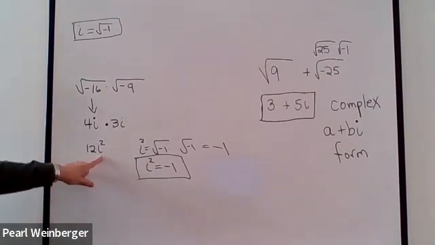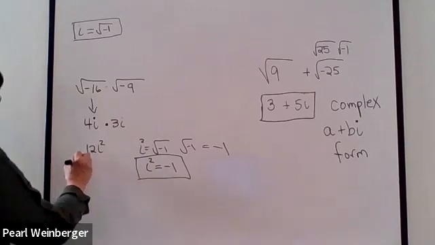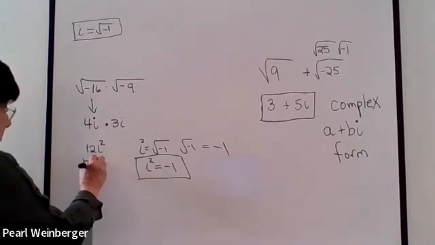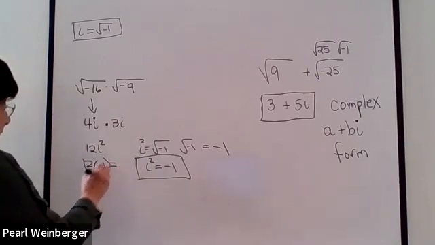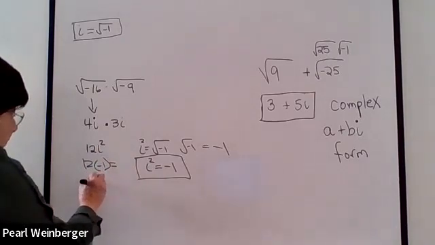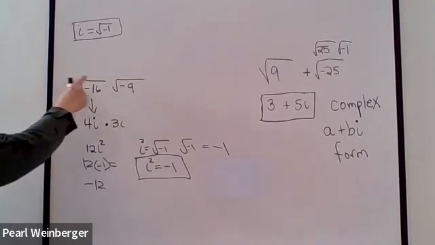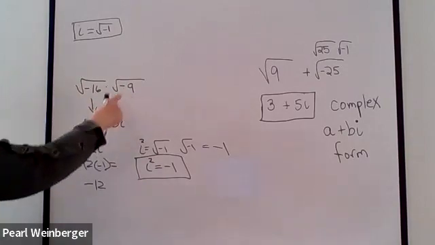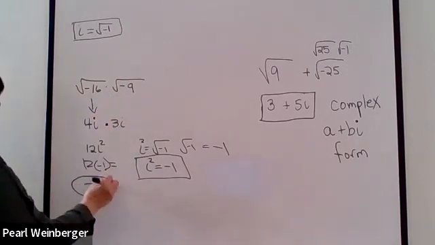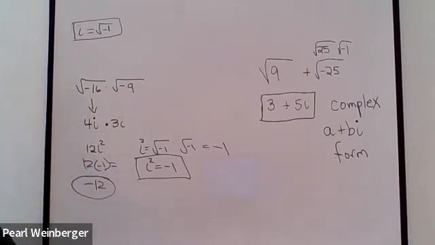Which means that if I get 12i squared, what I'm really getting is 12 times -1. So my answer is -12. So when I multiply the square root of -16 times the square root of -9, I get the answer -12.